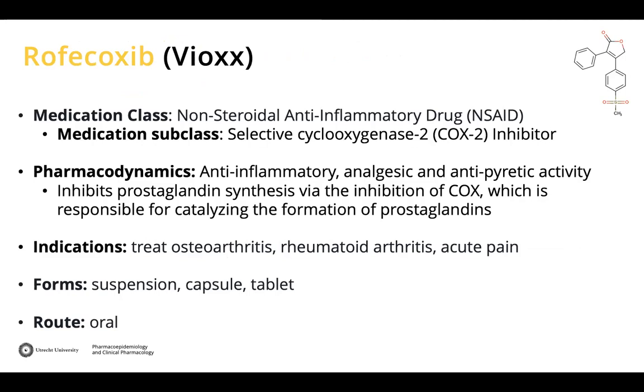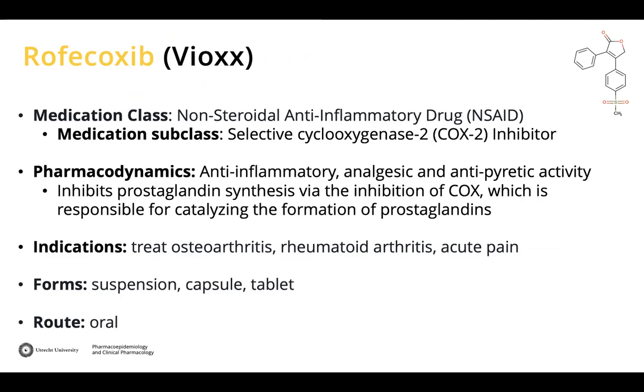So this medication was a non-steroidal anti-inflammatory drug. It was an NSAID. That's the medication class it belonged to. And the subclass it belonged to was a COX-2 inhibitor. It's a selective cyclooxygenase 2 inhibitor. So this medication was an anti-inflammatory medication. It was an analgesic.